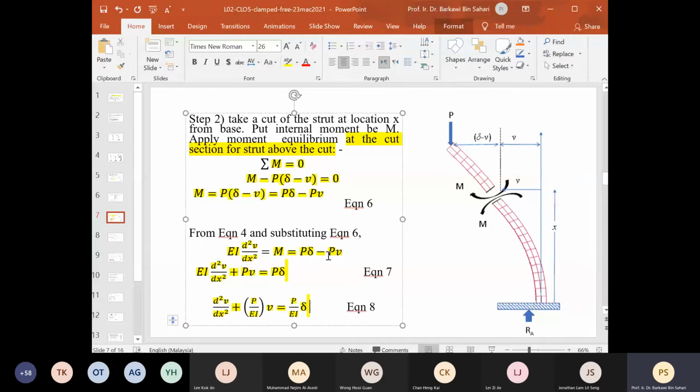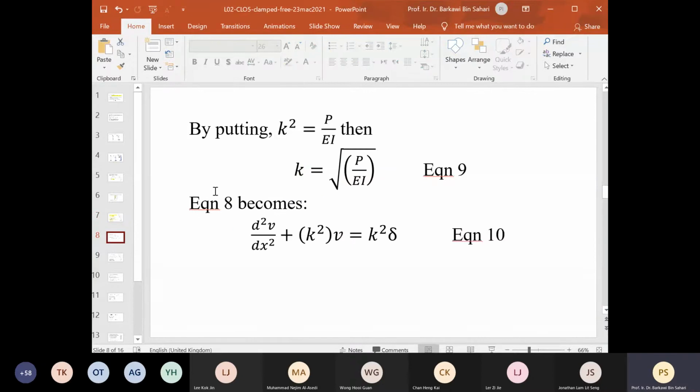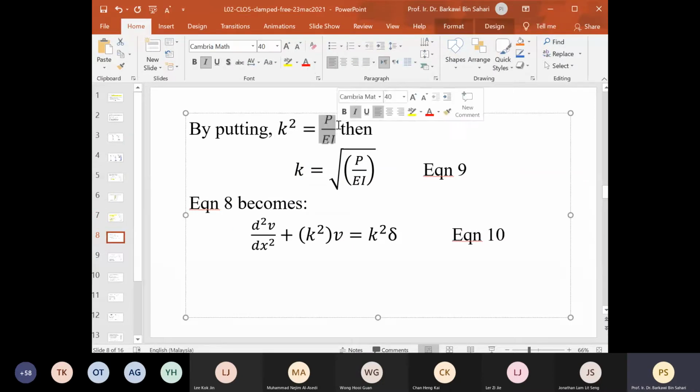It's a differential equation of order 2 that we need to solve to get the expression for V. Now, as we followed from the previous one, P over EI we put as equal to K square, where we define K equal to square root of P over EI.